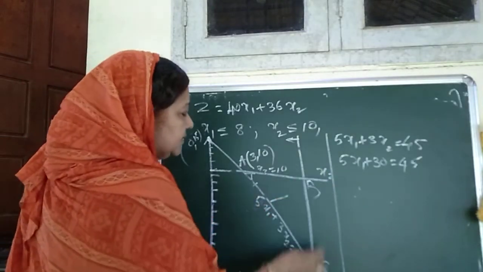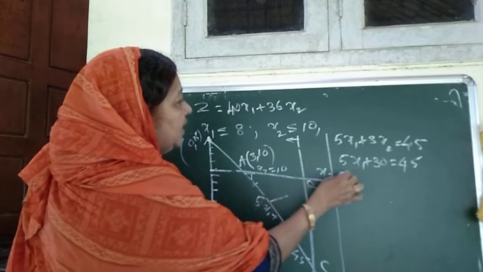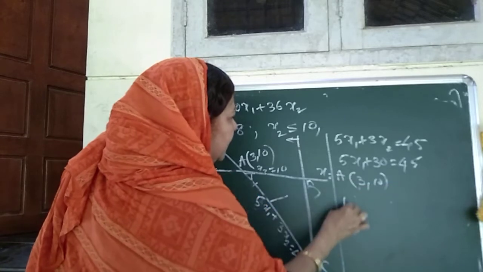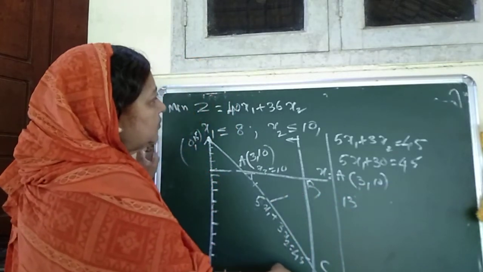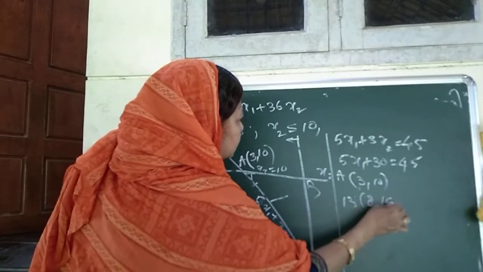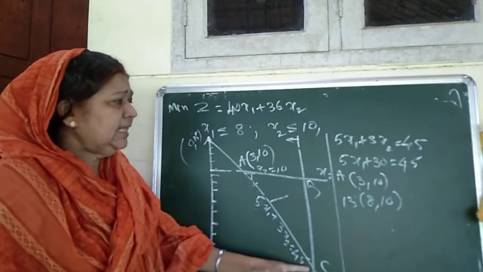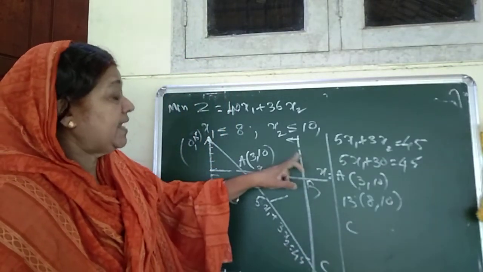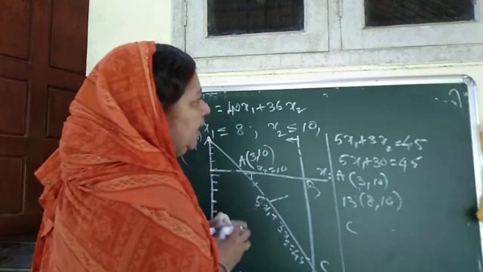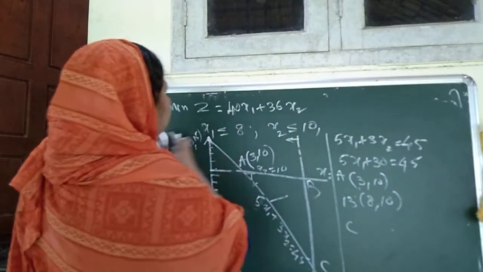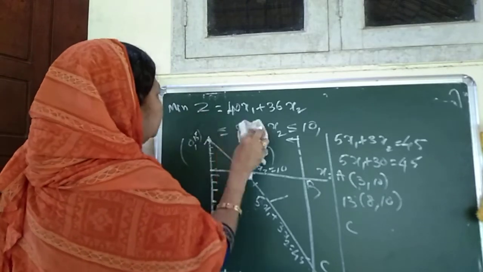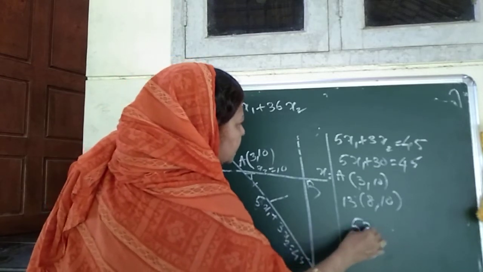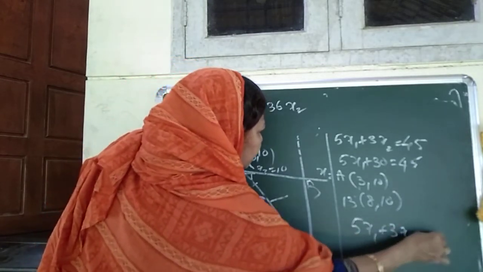Similarly, what about B? B is the point of intersection of x1 equal to 8 and x2 equal to 10. Then C. What about C? C is the point of intersection of x1 equal to 8 and 5x1 plus 3x2 equal to 45.